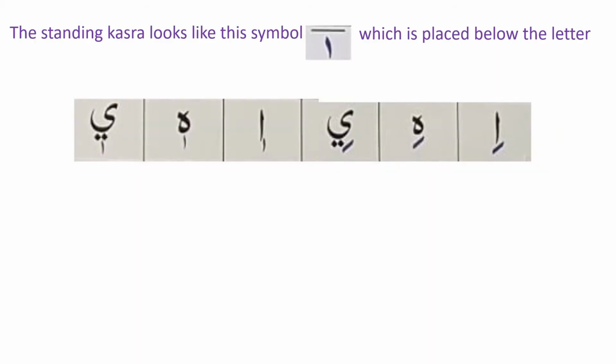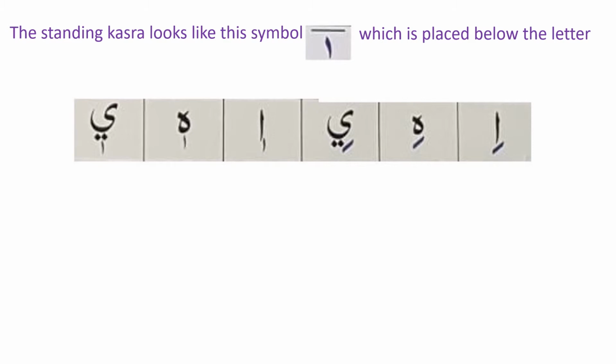So we have the standing kasra symbol that looks like this, and this is placed below the letter. Remember, the dark line here, if you imagine that to be the Arabic letter, the standing kasra symbol is placed below it. So let's look at just a quick example of how these are pronounced.